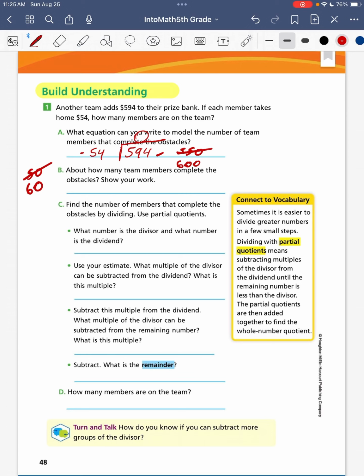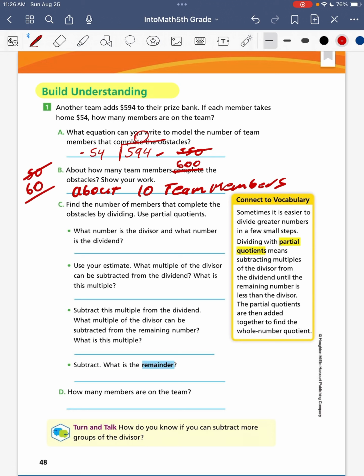I like rounding up to 60 and 600 for about 10 team members, because 60 is 1/10 of 600.